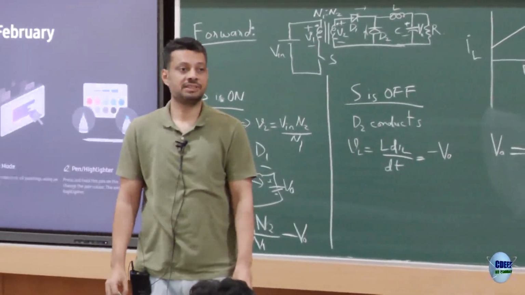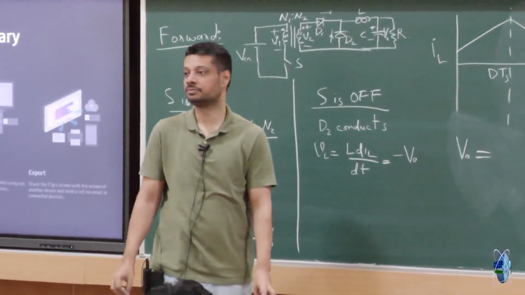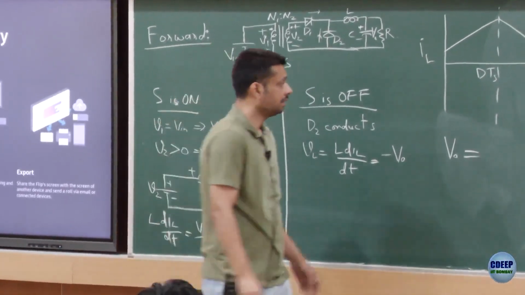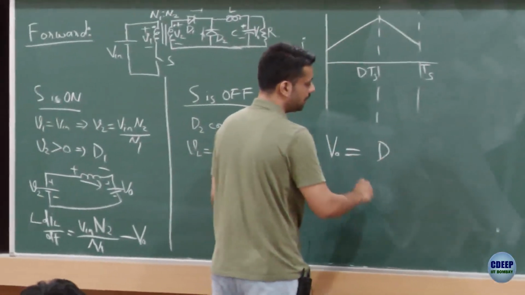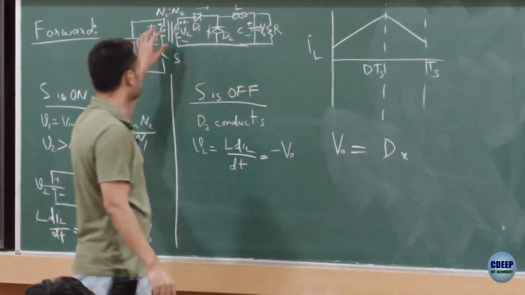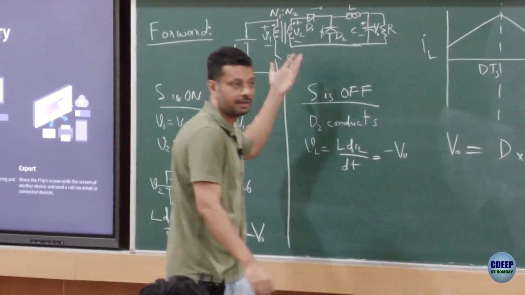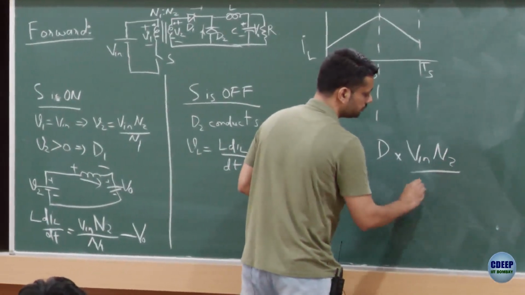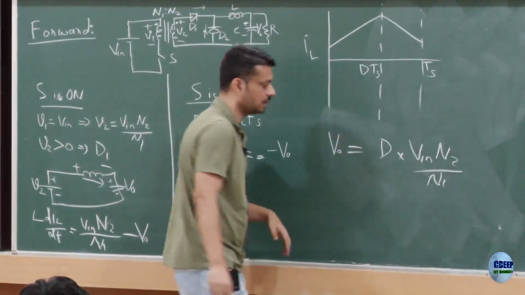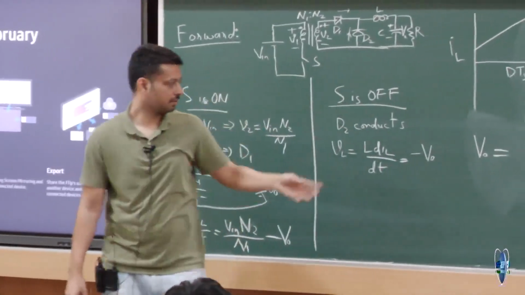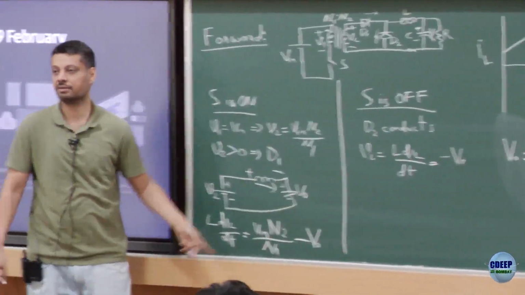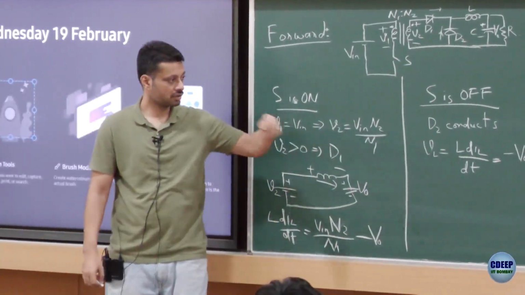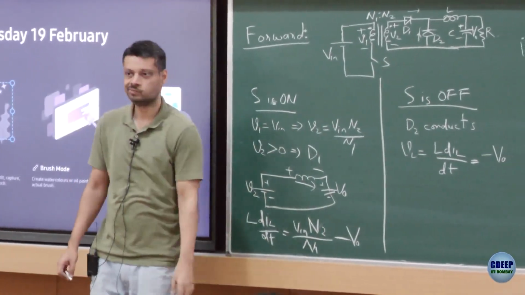Vout is equal to... it is a buck converter, so duty will definitely be there. Instead of input voltage, now you are applying N2 by N1 times input voltage, so you would get that. But you can use the two equations, apply volt-second balance, and cross-check if you get that answer or not.